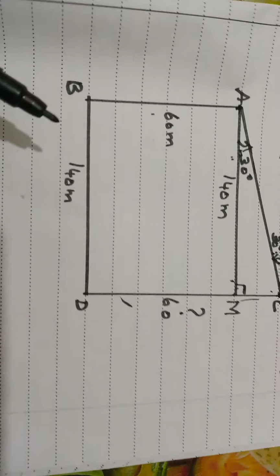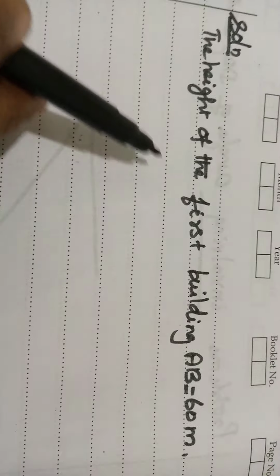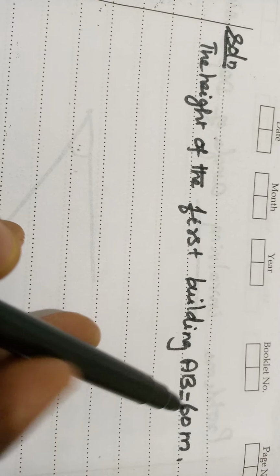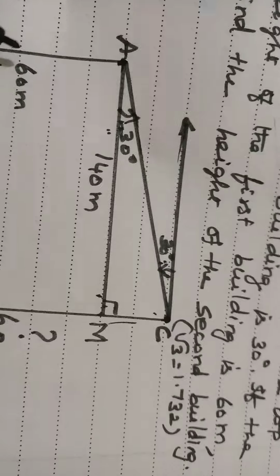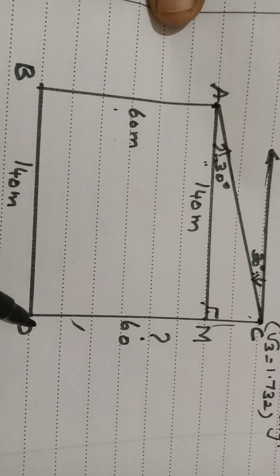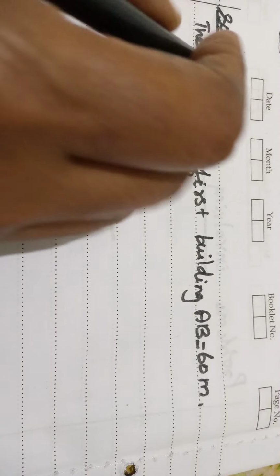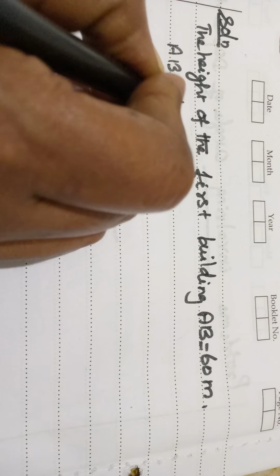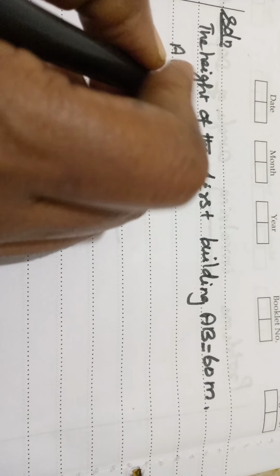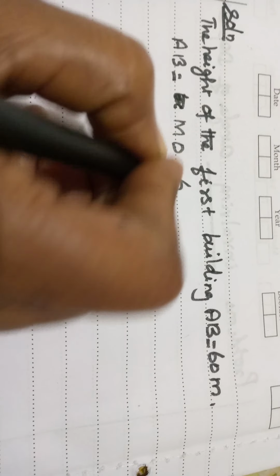So did you understand the diagram? The height of the first building AB is 60 meter. It is given. We named here AB 60 meter. So this side also MD will be equal to 60. So AB and MD will be equal, that is 60 meter. Let's write that. Therefore AB is equal to MD is equal to 60 meter.